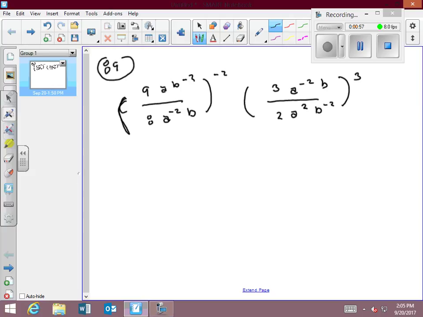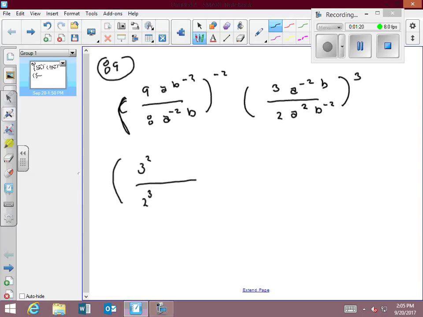Now what I'm going to do is inside of the brackets, I'm going to do that first. So the first bracketed item, I'm going to write that 9 is 3 squared, and then the 8 in the denominator as a 2 cubed, right? Now, the a's, what would you do with the a's?